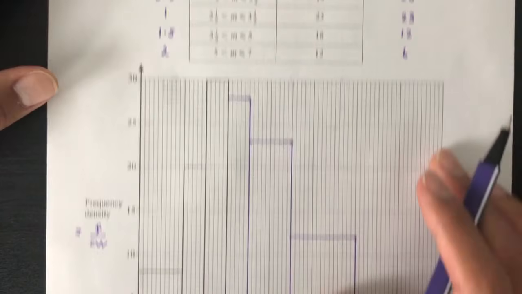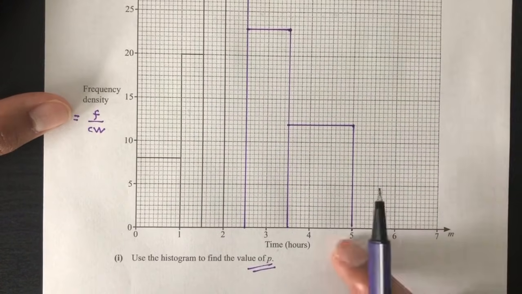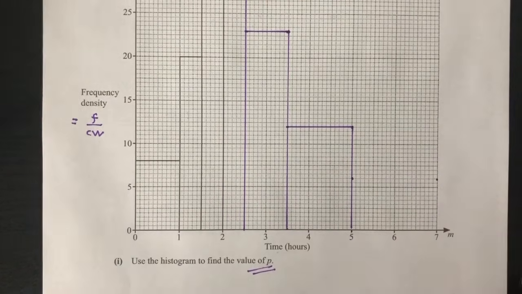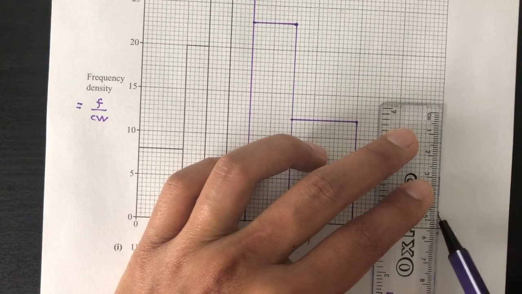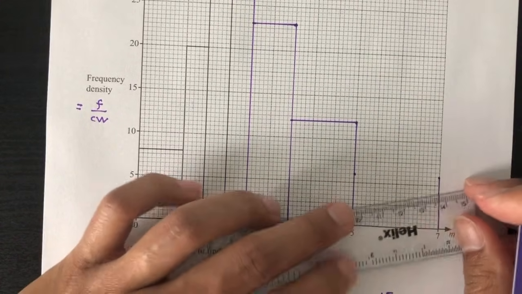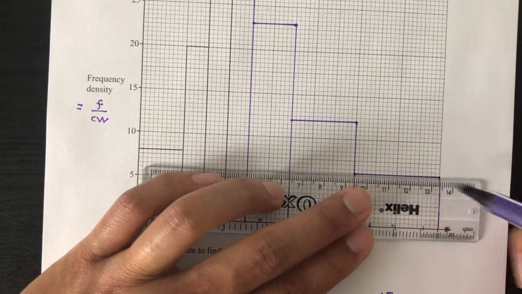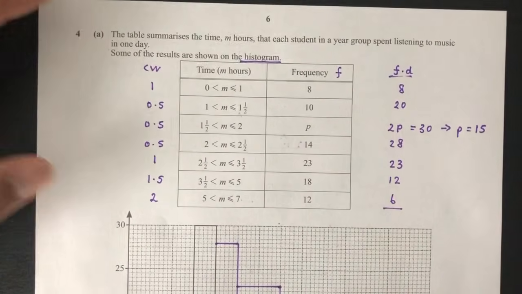And then the last one will be from 5 to 7, that will be 6. So 5 to 7, that will be 6, will be here. As you can see, in this case, that will be joining this to this, that will be 6. Alright, so that will be your histogram for this table.